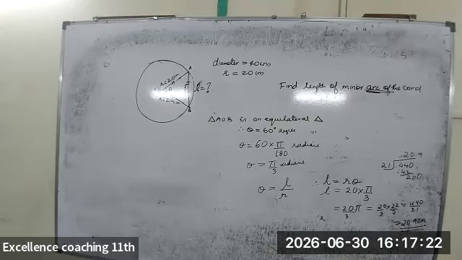Now read the next one. Number 6. The minute hand of the watch is 1.5 centimeter long.